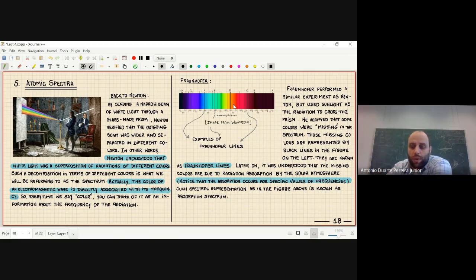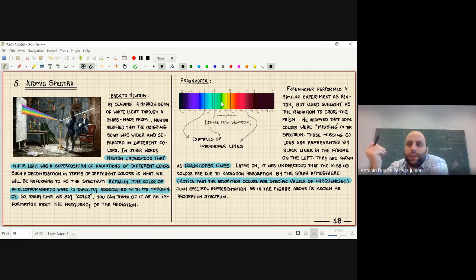Well, you can say, let me perform the experiment by Fraunhofer again and see what happens. And we are going to see that exactly the same dark lines appear. So it's not a particular problem of the region and the time that Fraunhofer performed the experiment, but a property of sunlight.